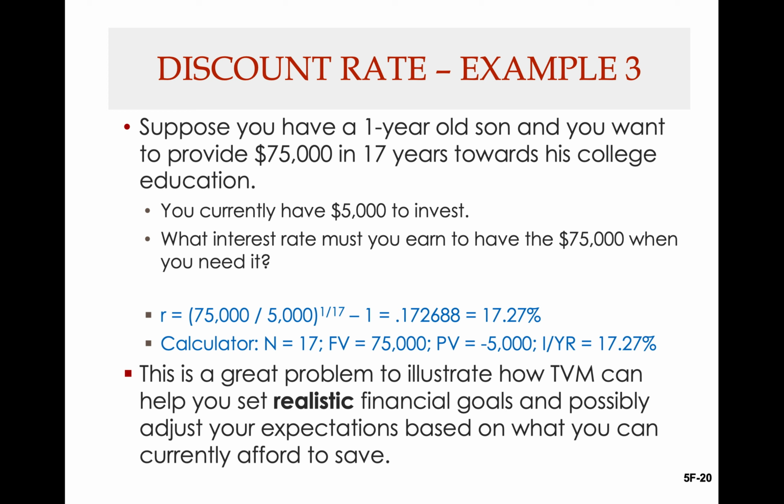The problem is 17.27% interest per year is a very unrealistic number. Historically, the stock market over the past 100 years has provided between 8 and 11% annual return on average. And the problem says that to reach your goal, you need to earn almost double that number.